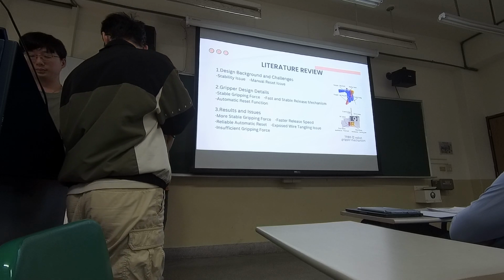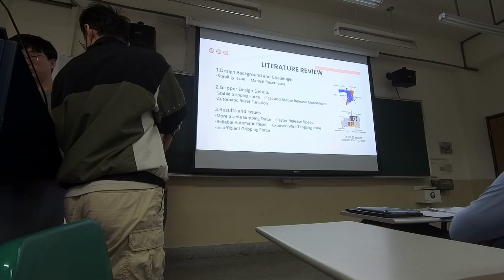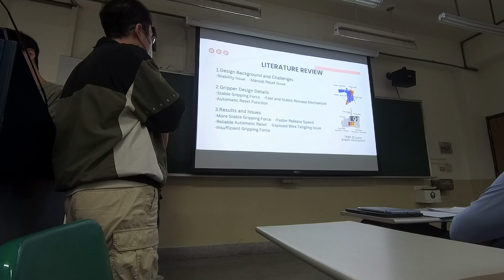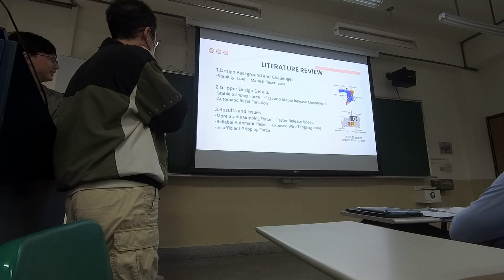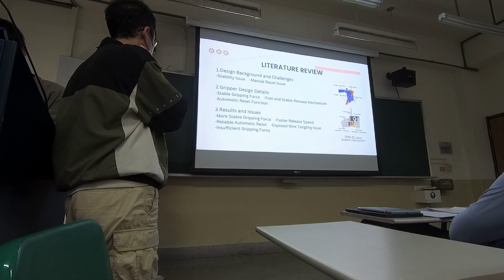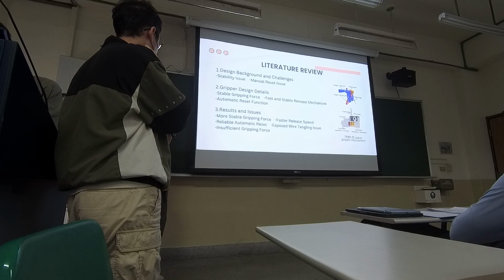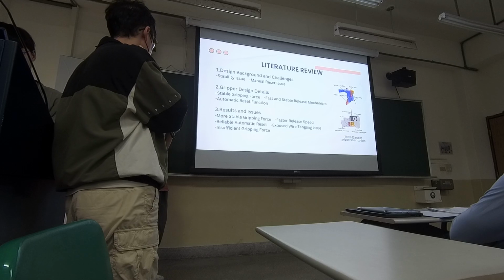Reliable automatic reset. The automatic reset function in the breaker system ensures reliable operation by resetting itself after each cycle, enhancing the intelligence of the robot. Exposed wire handling issue.